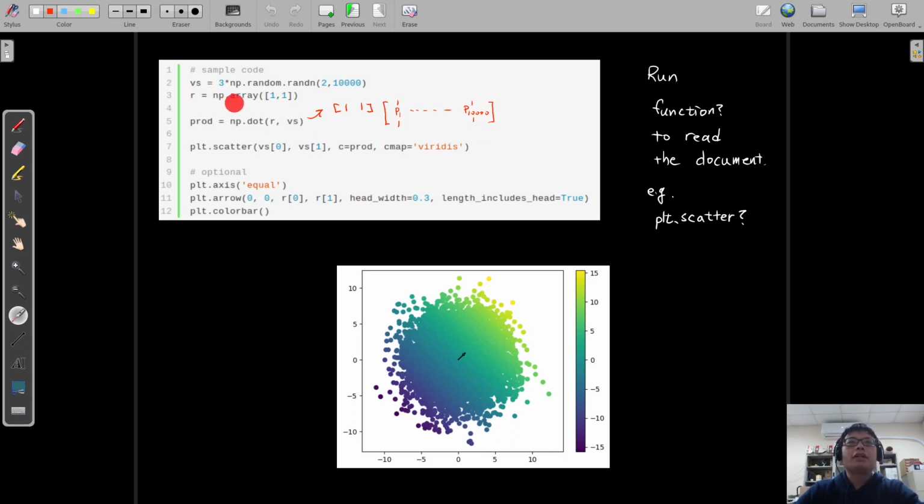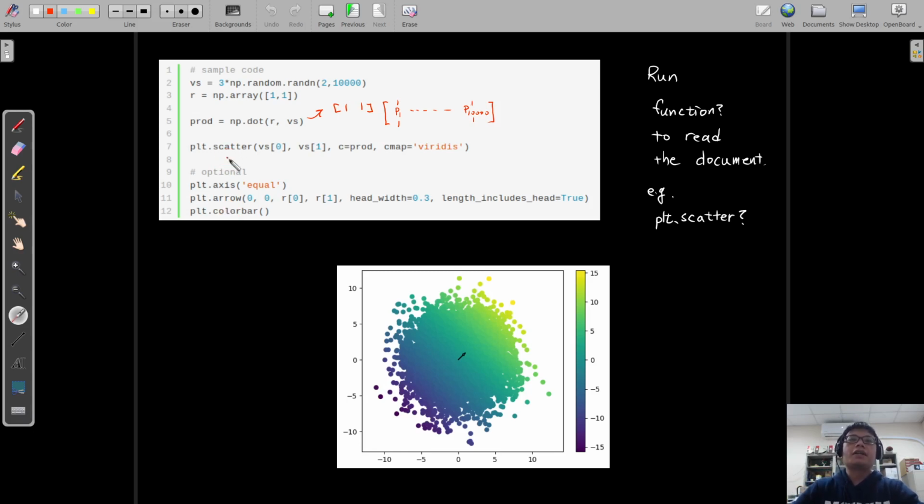And you can generate a vector called r, and you can do the inner product of r and vs. So r and vs will give you the inner product of the first column, and then r and the second column will give you the inner product of the second column with r. And so this dot product will give you 10,000 numbers, which are the inner products of r and all the columns.